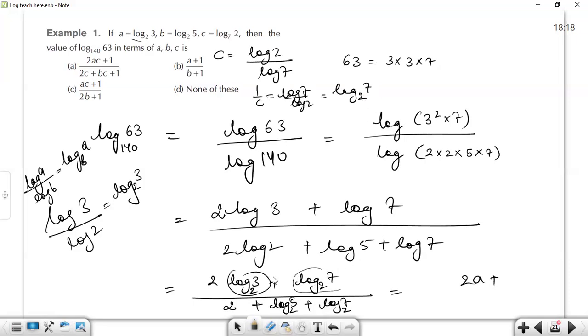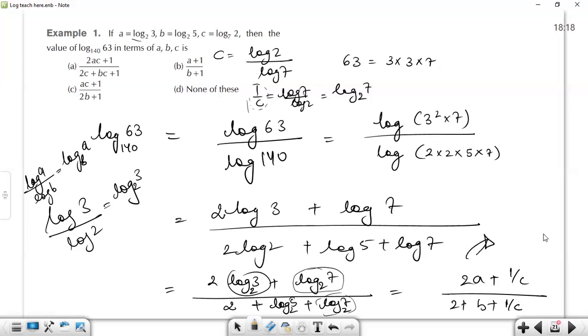So this is what? Is it C, sir? No, 1 by C. Yes. So 2 plus what is this? B plus what is this? And 1 by C.